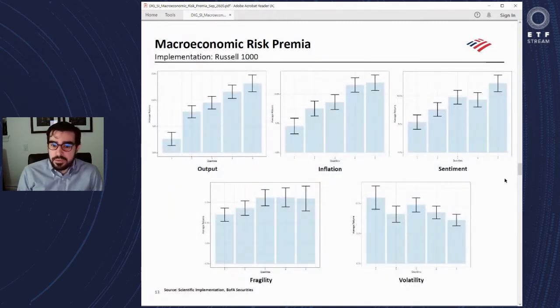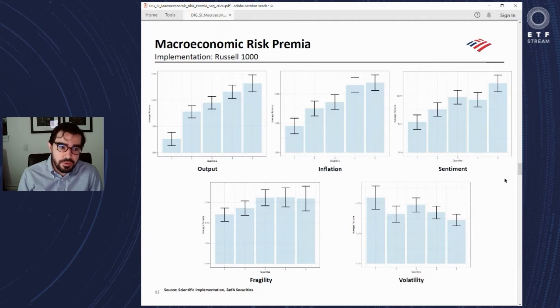Now, looking at a Russell 1000 implementation, one can easily see a number of clear patterns. So what do we have here? What we show on this slide is the average return and a confidence interval around that performance for stocks grouped into deciles or quintiles. In this case, we have quintiles on the basis of their exposures to the macroeconomic measure.